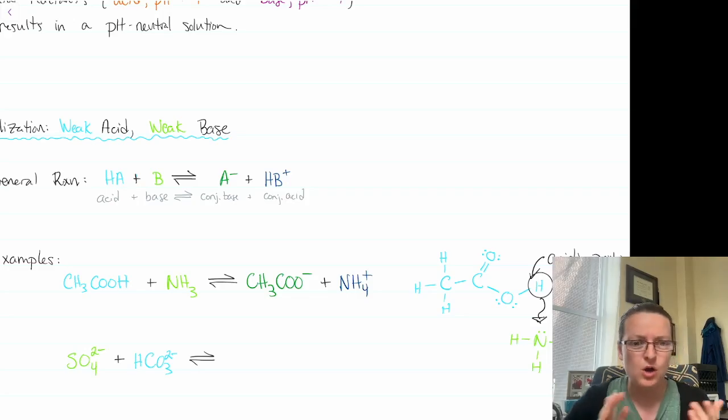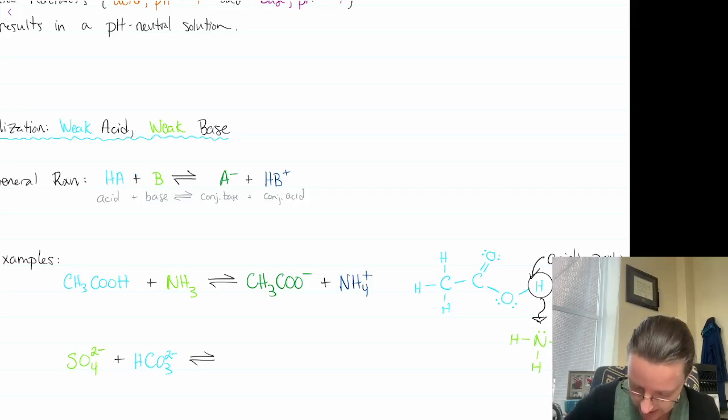Once again, we're just trying to predict products, which means we need to think about what is the conjugate acid of our base and what is the conjugate base of our acid. In that case, the sulfite is going to turn into bisulfite.